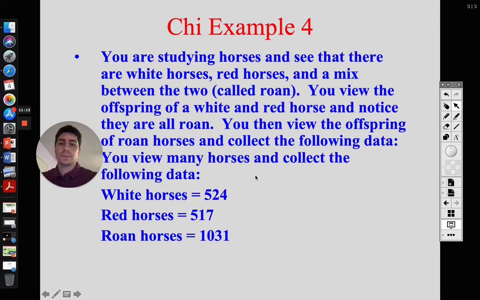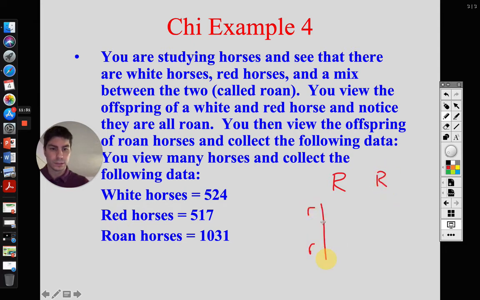All right. So if we are doing a Punnett square for this, I'm just going to use big R as being red. So we mixed a red horse and a white horse initially, and all of the offspring were heterozygous.